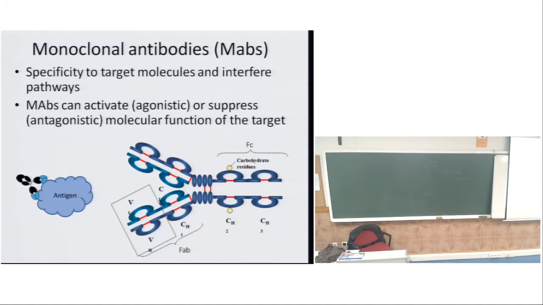Just one epitope. This monoclonal antibody, we can make the abbreviation by saying MABs, can activate, like being an agonist, or suppress, acting as an antagonist of a molecular function, because it interferes with specific molecules, and that's the difference. So here you can see, for an antigen, a monoclonal antibody will only recognize one type of epitope with a specific molecular structure.